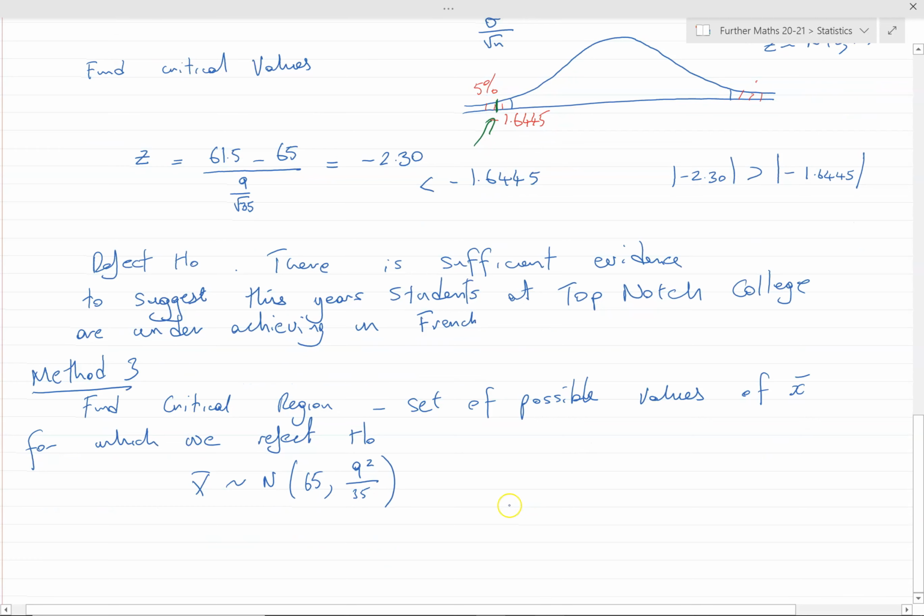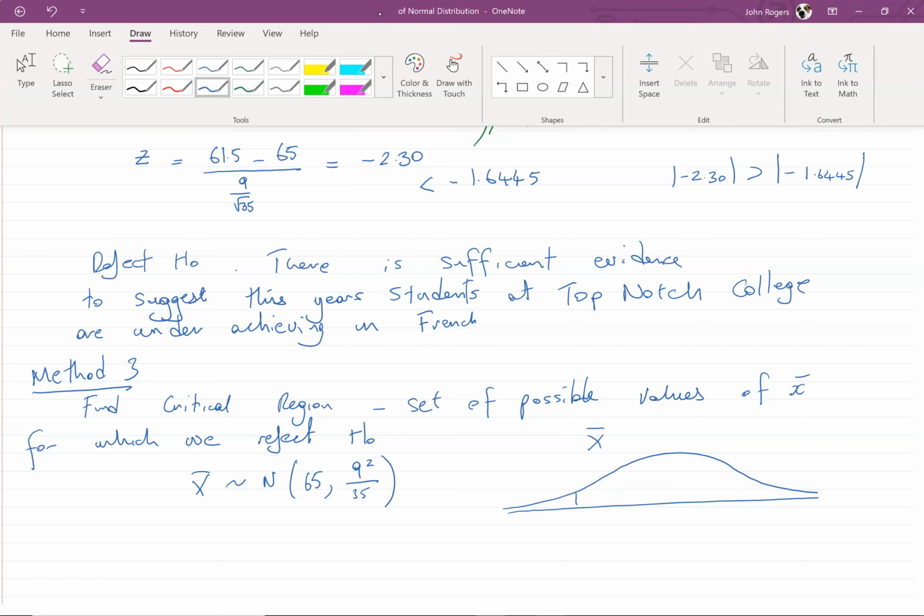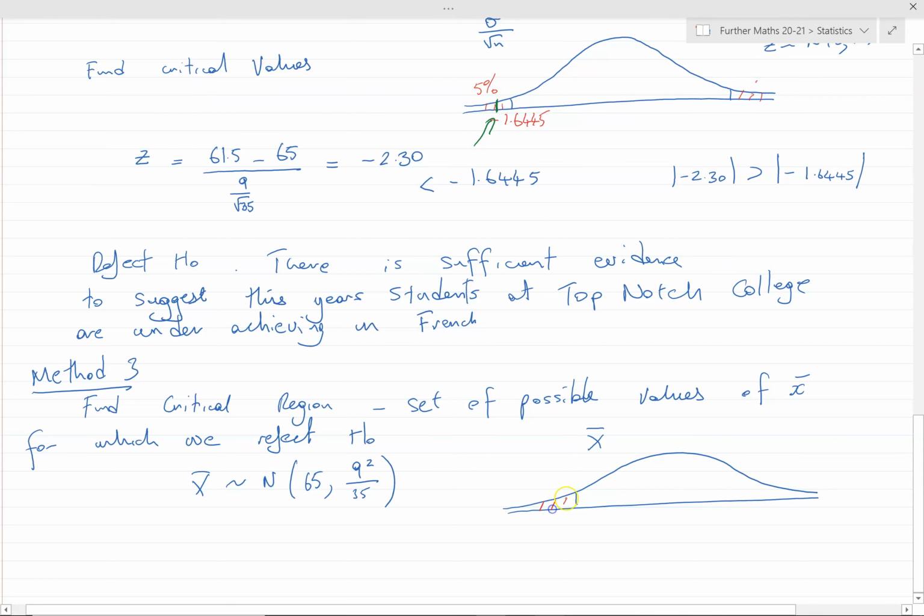If this is our distribution for x bar, we can relatively easily, using our calculator, find the values of x bar for which we would reject. This needs to be 5%, and we can find them using the inverse normal. So let's do that now.